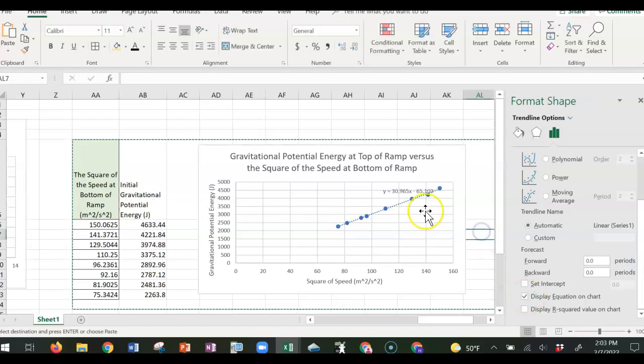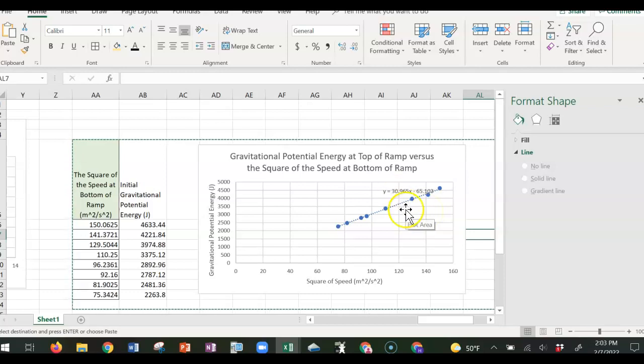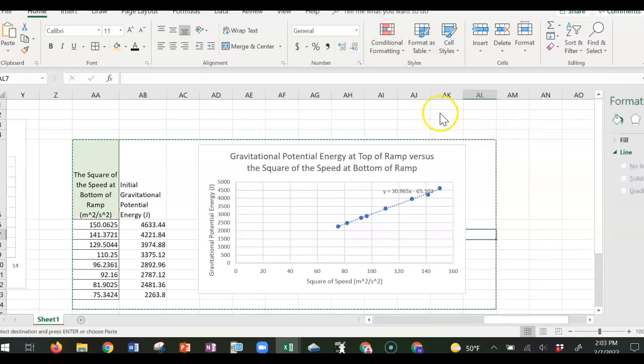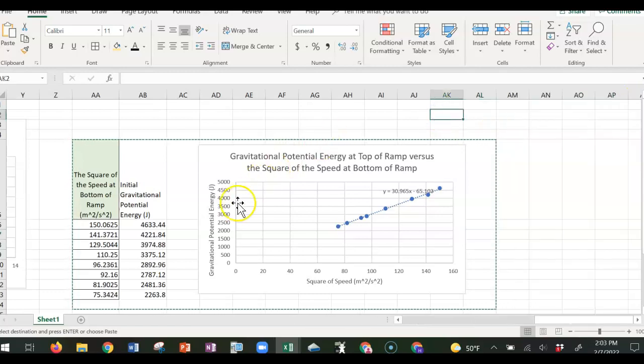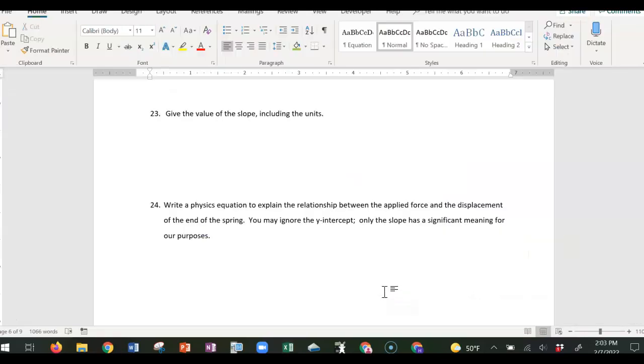If you do that, it gives you the slope there. Of course you'll have to figure out the units, but if I look at my graph, I would calculate the slope as a change in what's on the y-axis divided by a change in what's on the x-axis. For me, this is 30.965. It would be joules over meters squared per second squared.